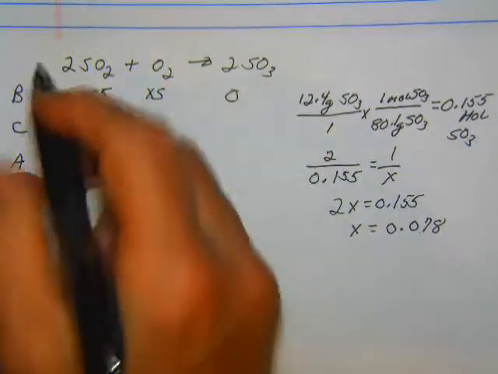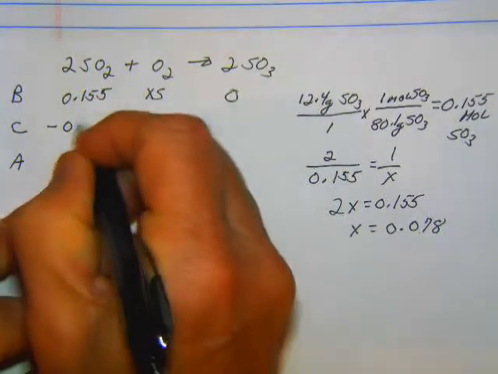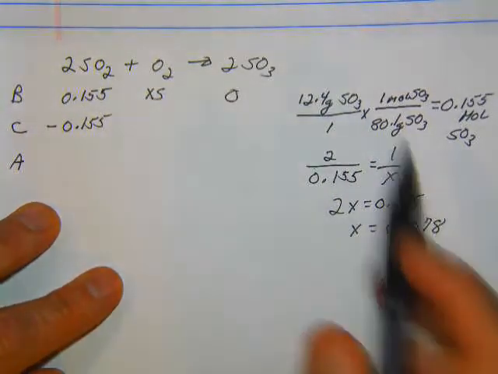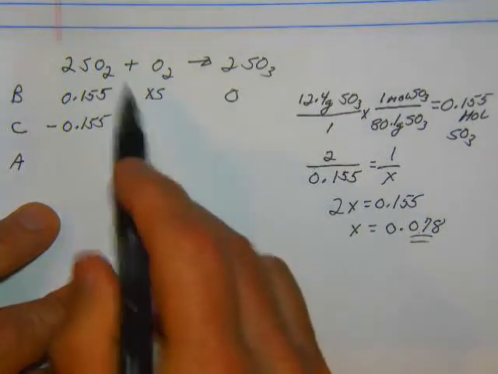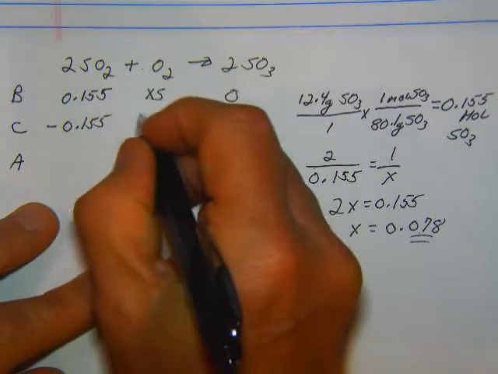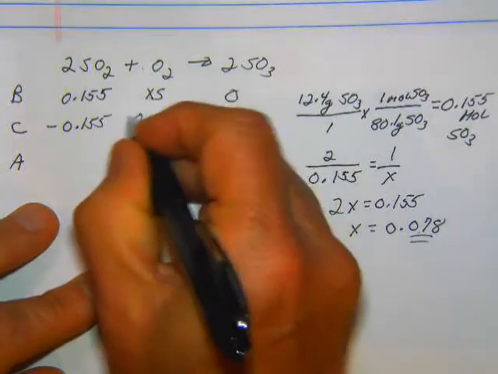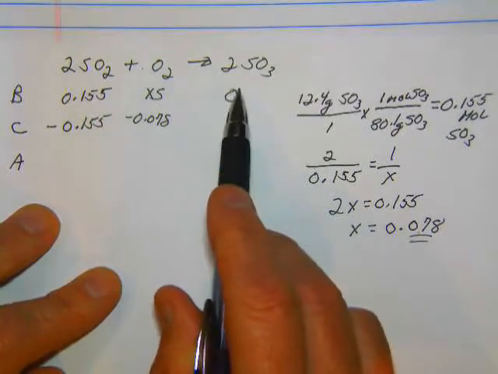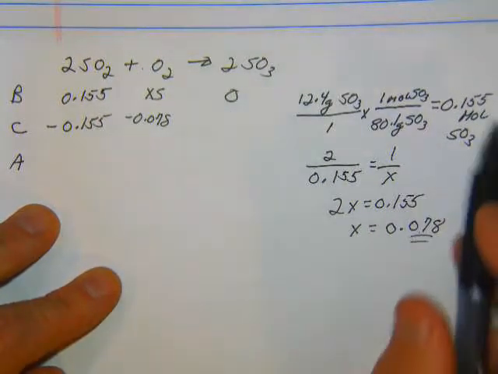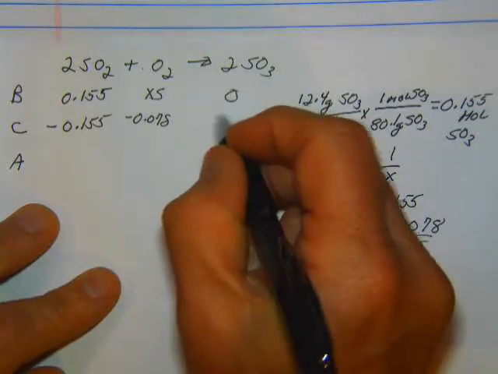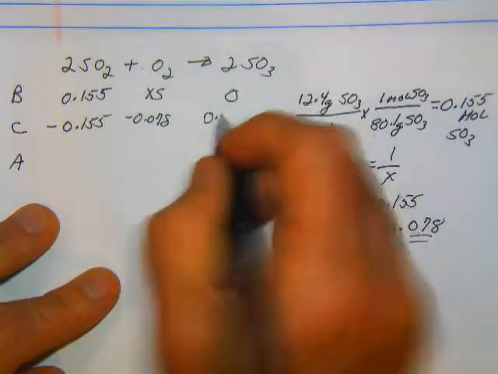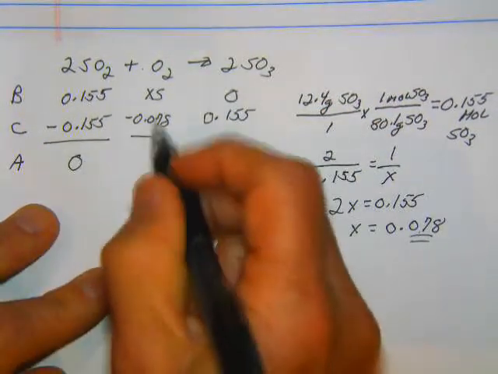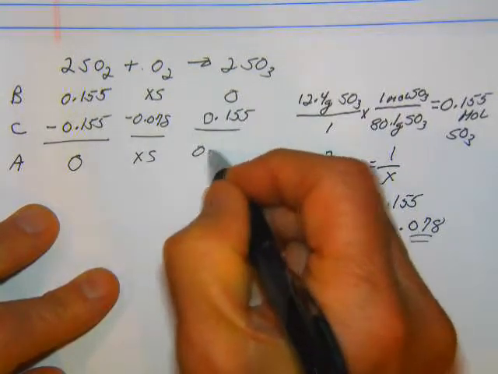So let's do the change. We're going to use all of this up, and for the oxygen we're only going to use the coefficient of 1 times that. And then we are going to make 0.155. The SO2 gets used up, the oxygen is in excess, and we end up with 0.155.